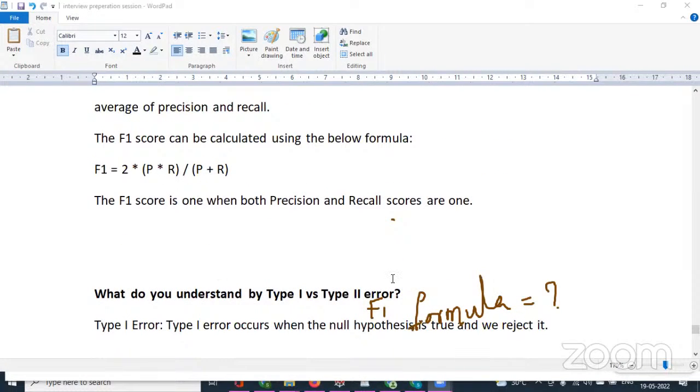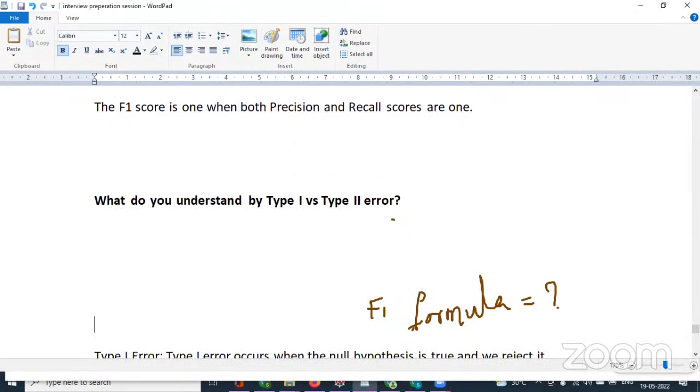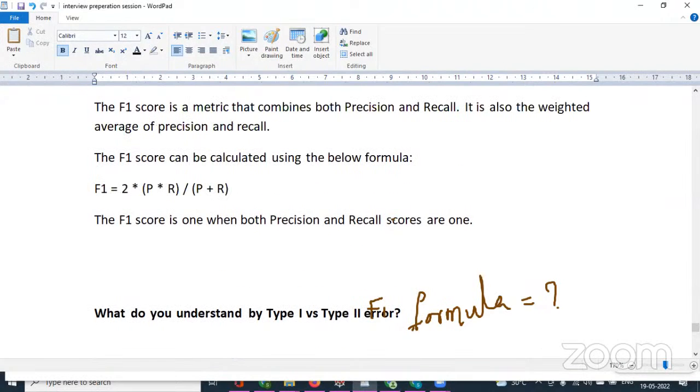Yeah, the last question. What do you understand by type 1 and type 2 error? What do you understand by type 1 and type 2 error?